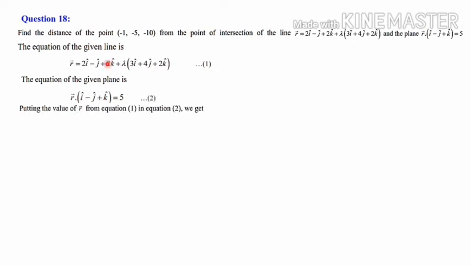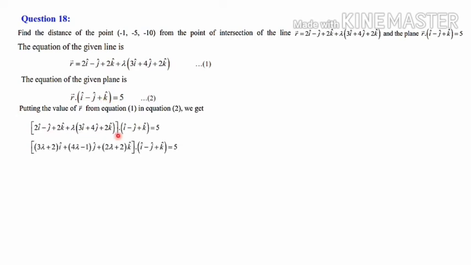Since the line and the plane intersect, instead of r we can substitute this value in equation number 2. Putting the value of r from equation 1 in equation 2, we get (2i cap - j cap + 2k cap + lambda (3i cap + 4j cap + 2k cap)) dot (i cap - j cap + k cap) = 5.